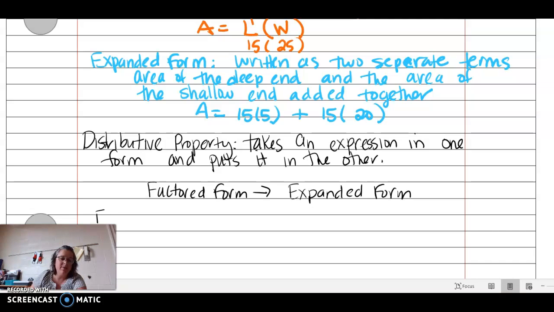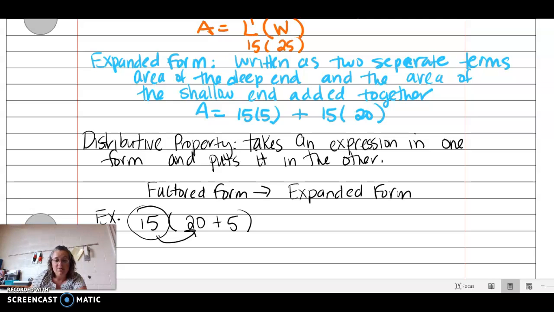Okay, so for example, if I were to give you the factored form of the pool, we have 15 times the 20 from the deep end and then the 5 from the shallow end. One way to think about this is like, how did I get from here to this expanded form? Well, all we had to do was take this 15 and multiply by both factors.